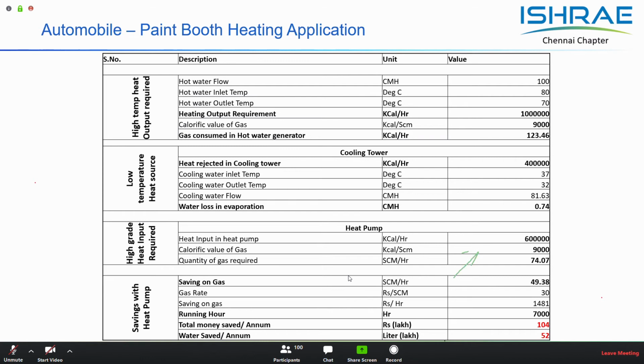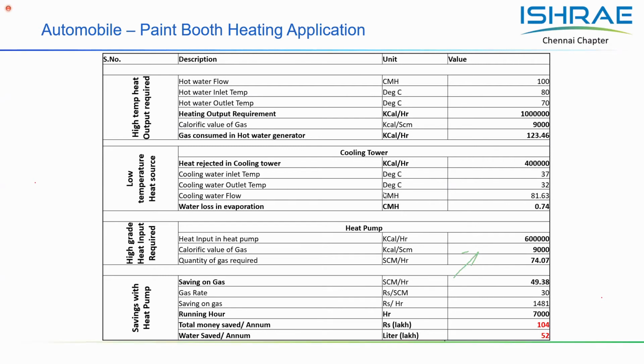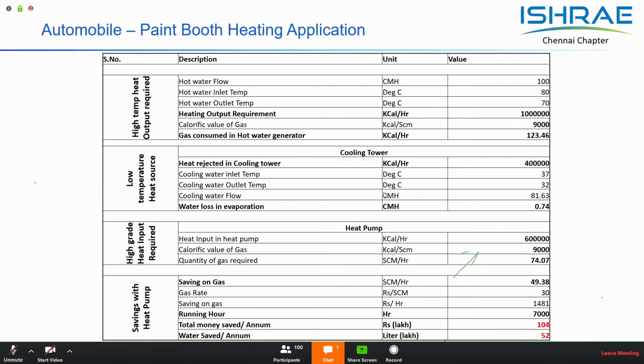So for 10 lakh kilocalories, considering the gas to be available at approximately 30 rupees a cubic meter, you can save approximately 1 crore worth of operational expense, and you would save a lot of water, 52 lakh liters of water per year in terms of cooling tower losses. So this is a huge saving for any industry in this current scenario. So this can be used as a solution to reduce your operating expenses.